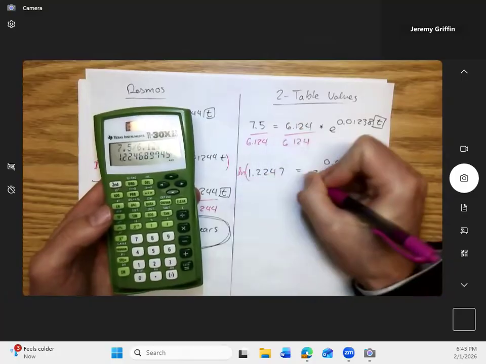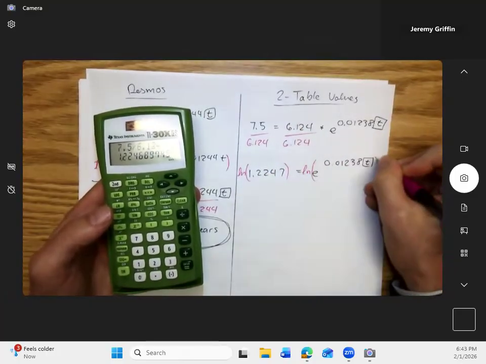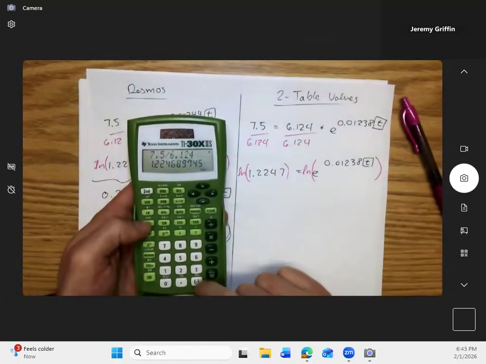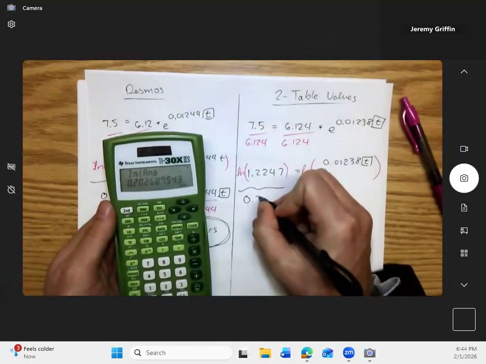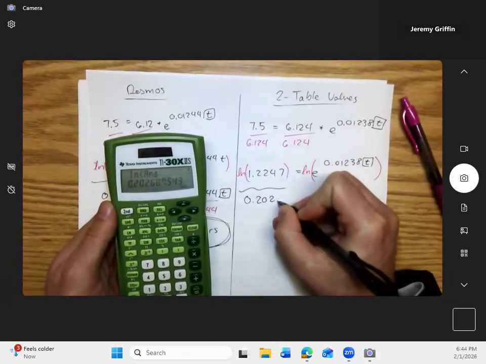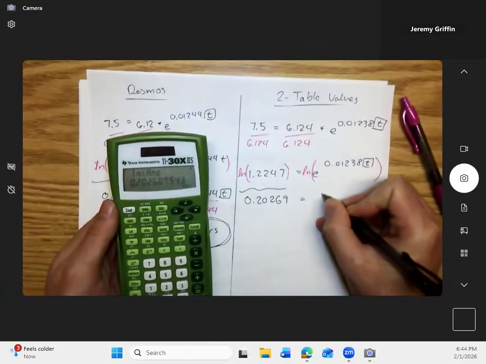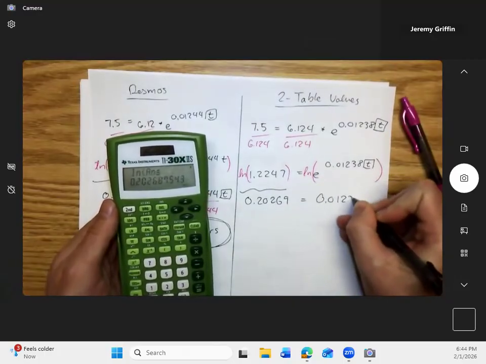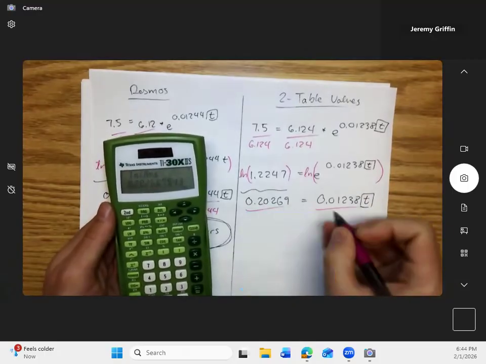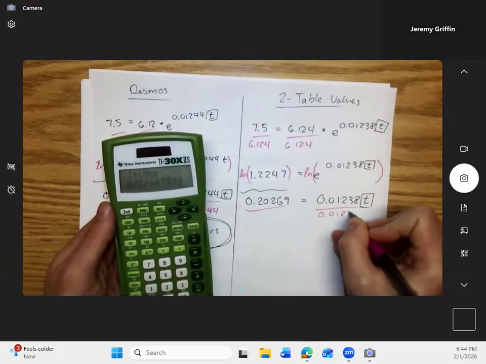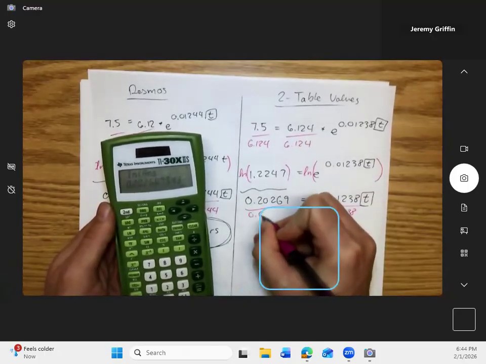Take the natural log of both sides. The natural log answer is 0.20269 equals 0.01238 t. Divide both sides by this coefficient.